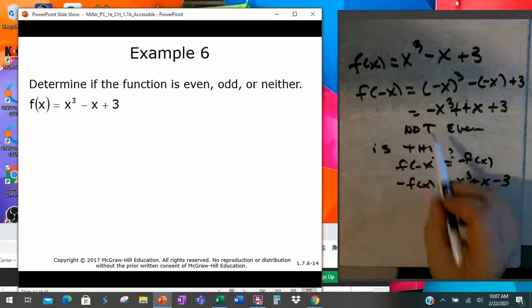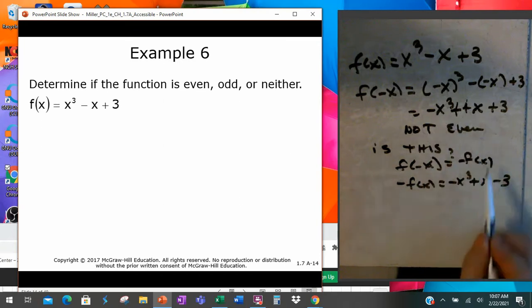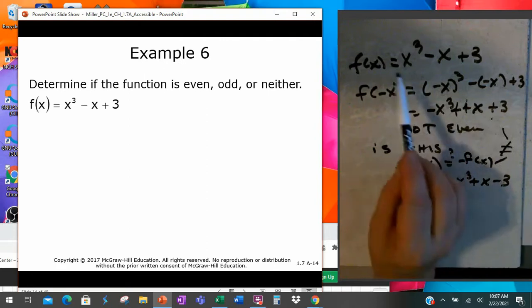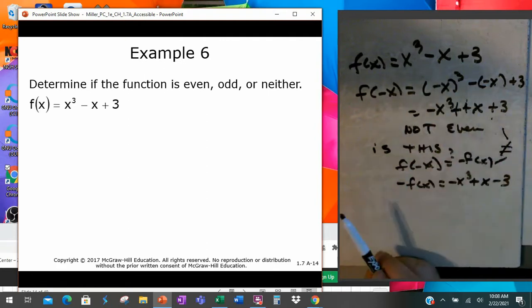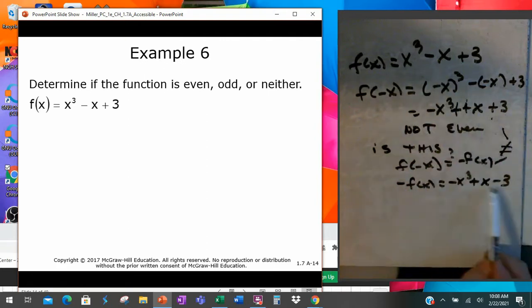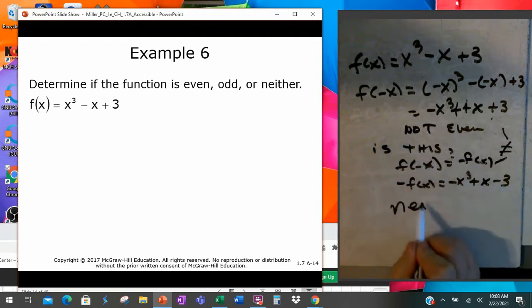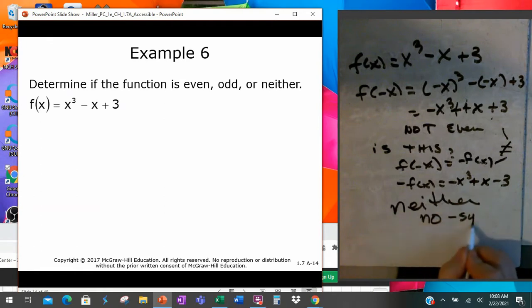Here, this one's okay, but this is not. So these two are not equal. f of negative x does not equal the negative of the original function. The negative of the original function is this guy. So neither. Neither means no symmetry.